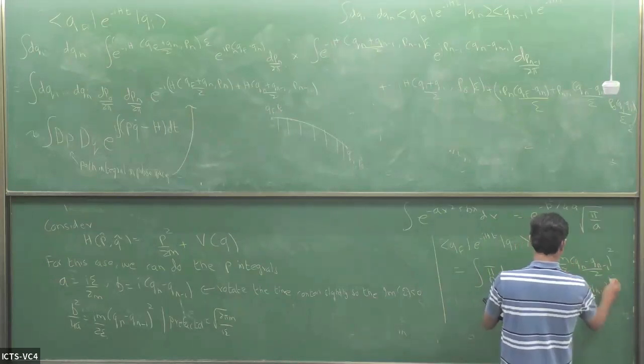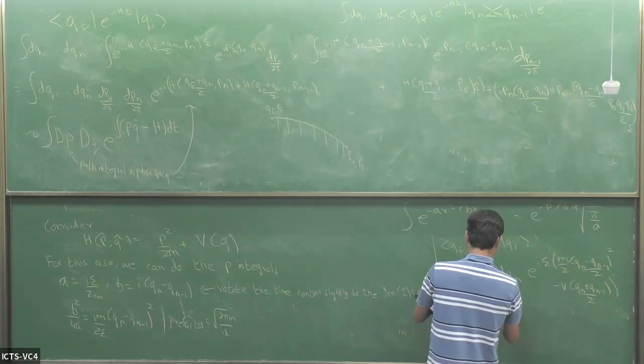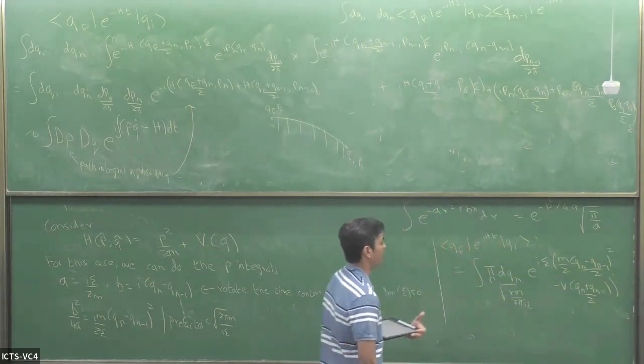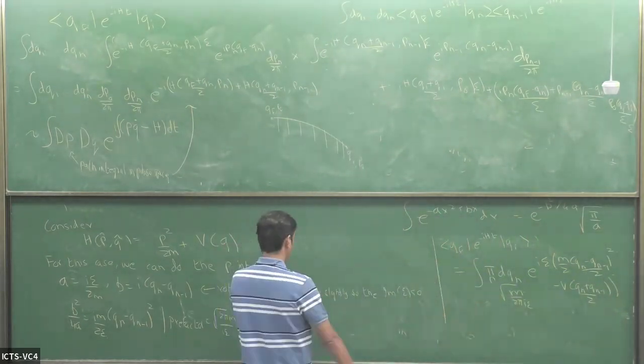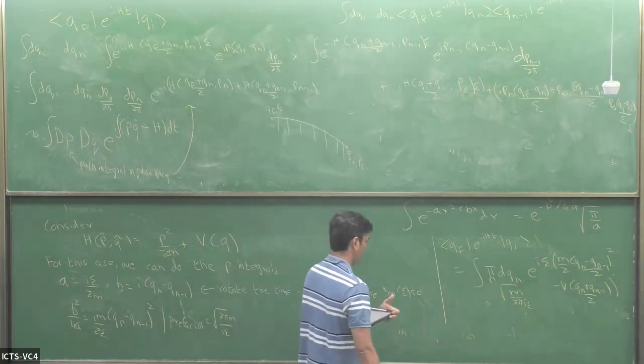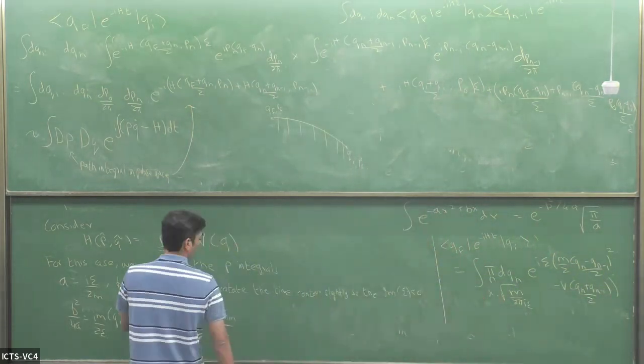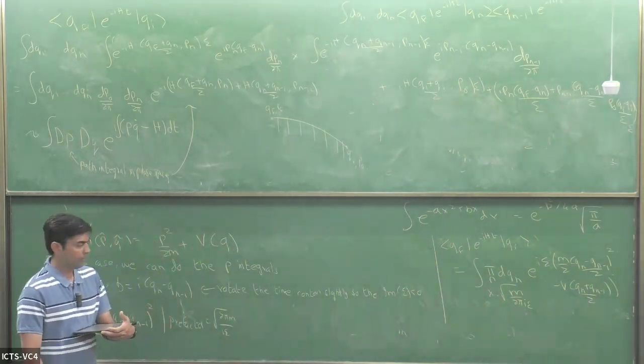Okay. And this dqn now comes with a funny factor which looks like m by 2 pi i epsilon. Okay. So we get everywhere a factor of this kind. We had a dp over 2 pi, that's why you got an m by 2 pi instead of a 2 pi.